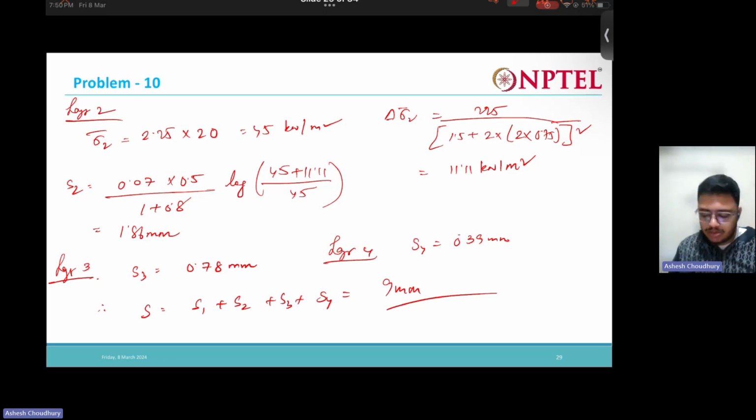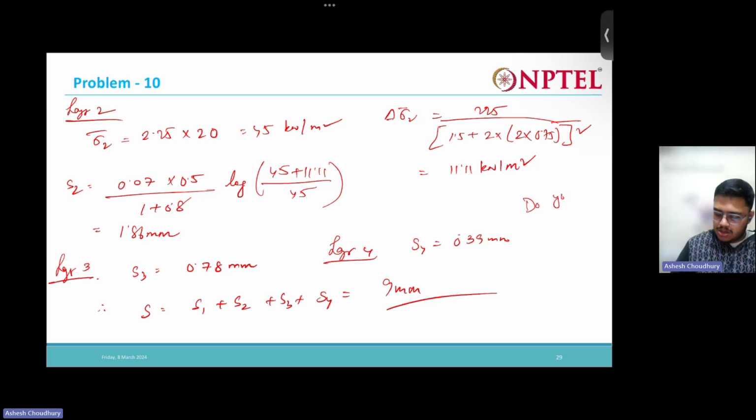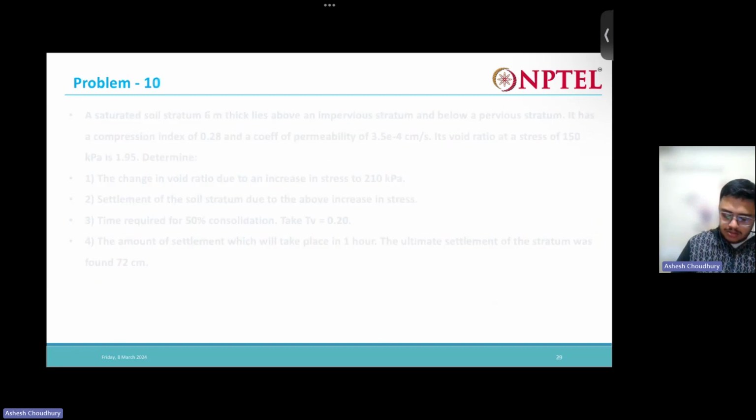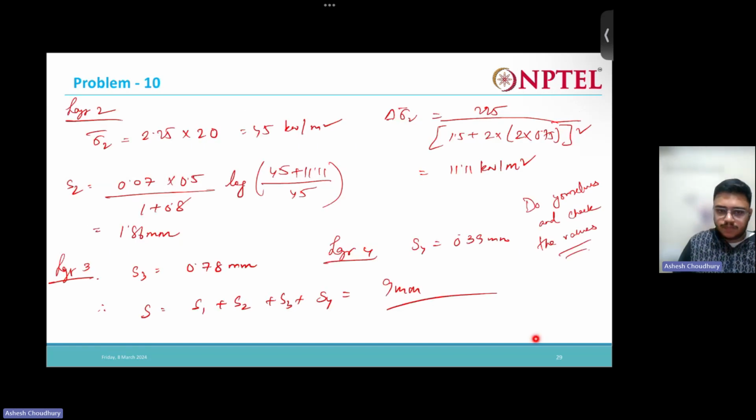So do this yourselves and check the values. So done. Quite simple, like whatever we did in the previous class, and today also we do some more similar problems.